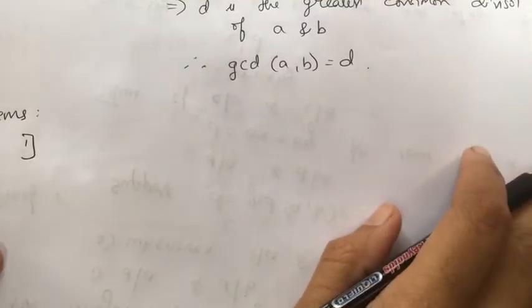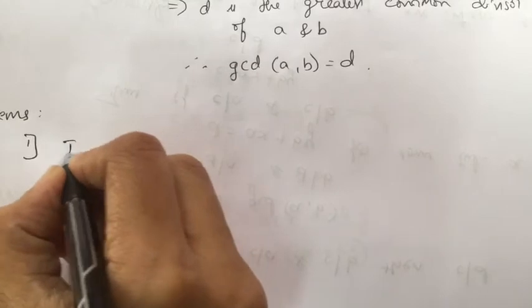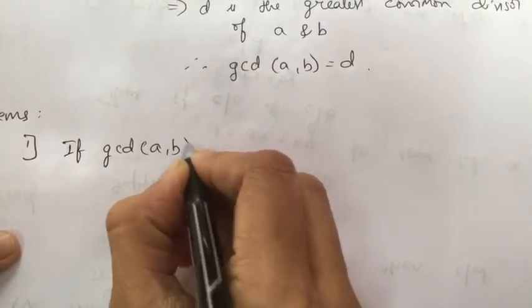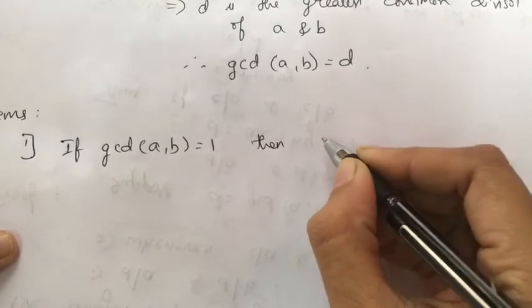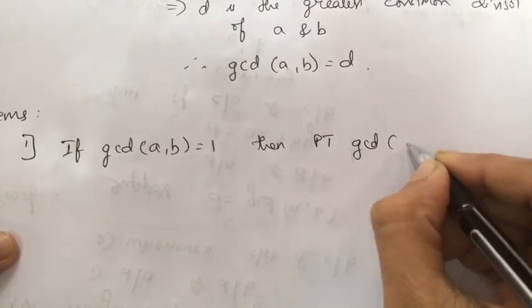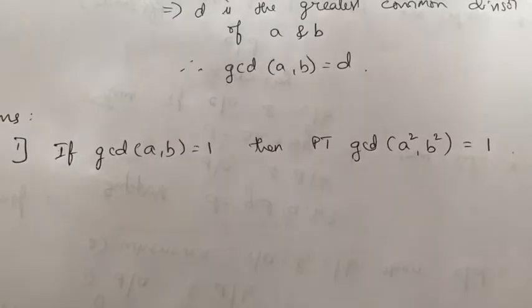Now let us look at a few problems based on this. Suppose GCD of a and b is equal to 1, then prove that GCD of a square and b square is equal to 1.